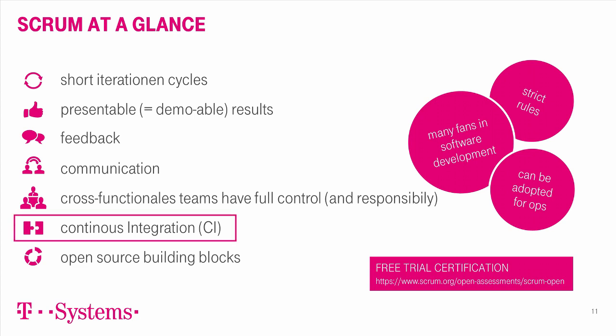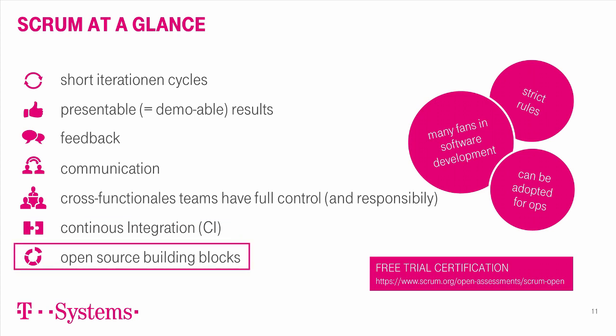One is continuous integration, that at every keystroke, more or less, or at every single commit and change in configuration and the like, tests and tries the effects of your changes. This is called continuous integration. And the second important building block is open source software, because it's so well fitted into this ecosystem. We look into this in a moment.